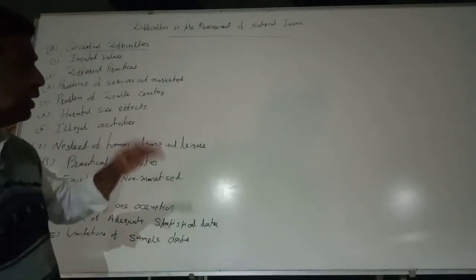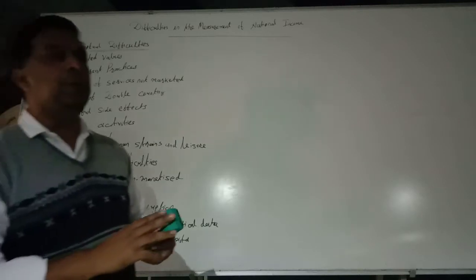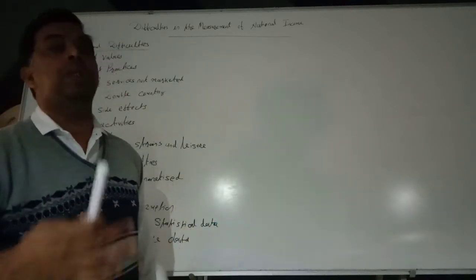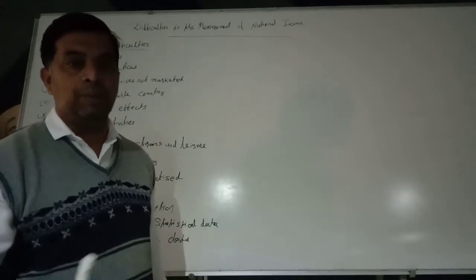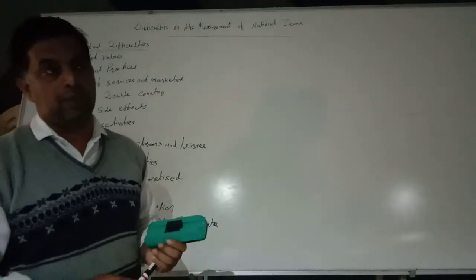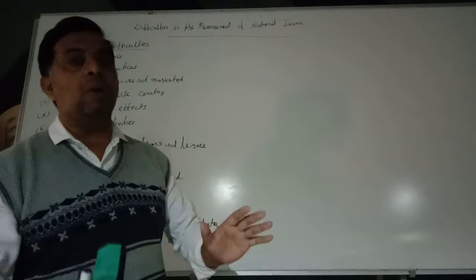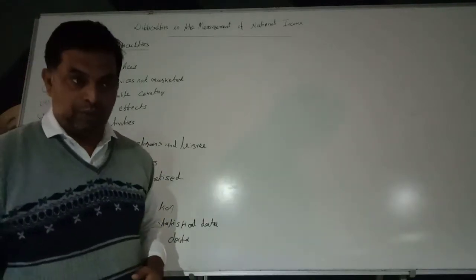So what are the difficulties? First is imputed value. Imputed value is like opportunity cost, or what we discuss in the concept of opportunity cost, implicit cost. The costs which are not recorded in the books of account.